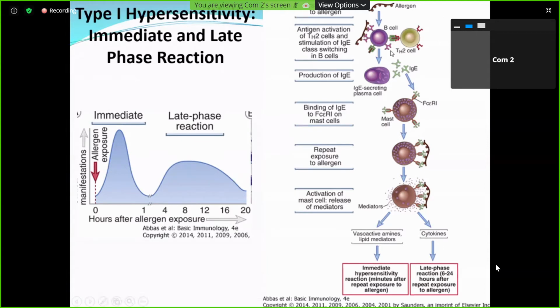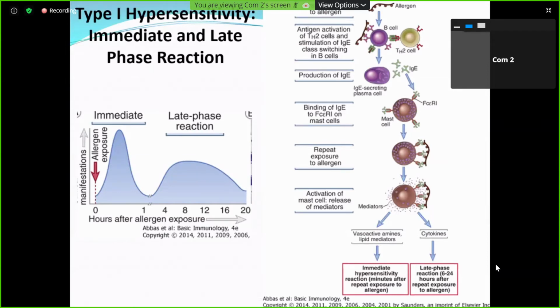So the initial immediate hypersensitive response is due to a classical IgE antibody binding to the mast cell, causing degranulation and then the symptoms. The late phase response is due to, remember when I talked in complement, I talked about factors like C4a, C3a, which are classified as anaphylatoxins.